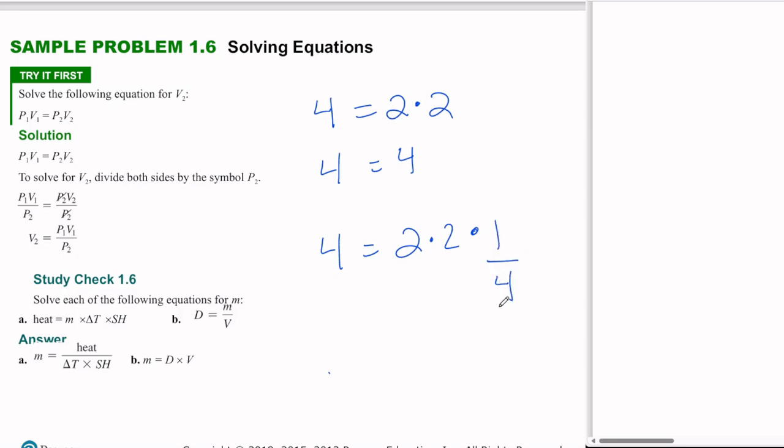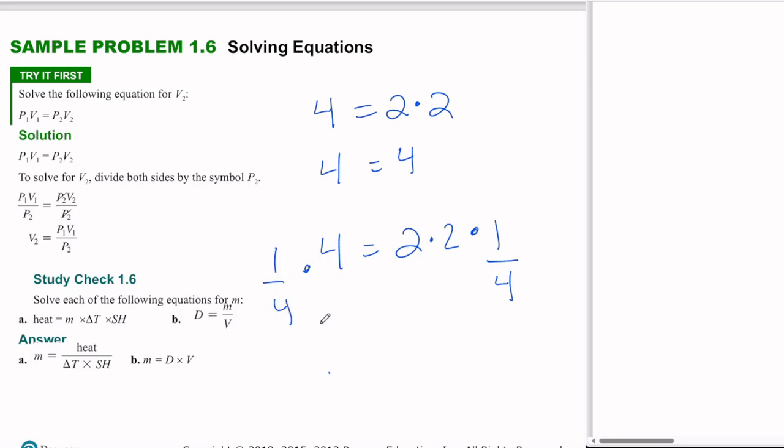The other property we're using is that if we take an equality, let's say that 4 is equal to 2 times 2, correct? We know that 4 then is equal to what? 2 times 2 is equal to 4. These numbers are equivalent. Well, let's think if we had the original equation, 4 is equal to 2 times 2, and we multiply both sides of the equation by 1/4.